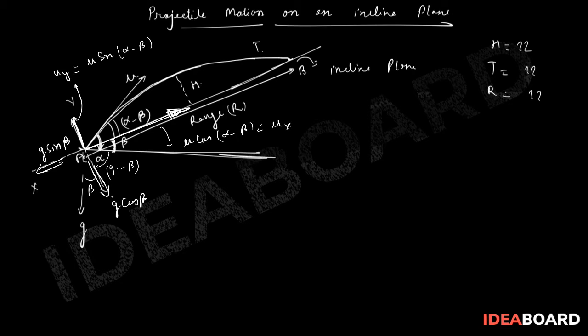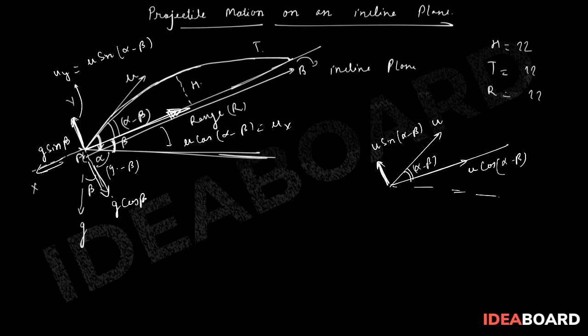Let me tell you why I am writing this. This is my initial u, and this angle is alpha minus beta for me. So obviously along this axis it will be u cos(alpha minus beta), and perpendicular to this axis it will be u sine(alpha minus beta), correct? If you are clear up to this point, then the question is pretty simple.